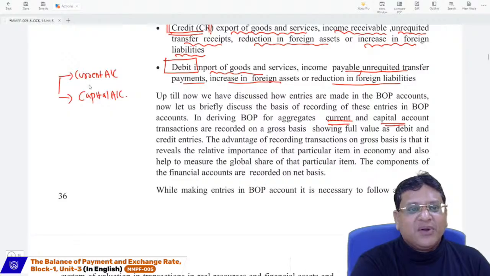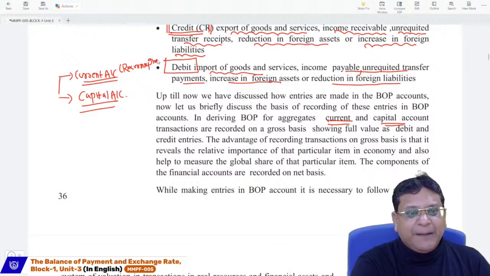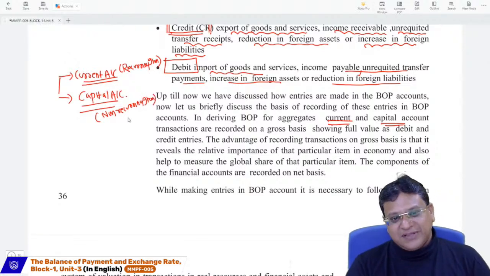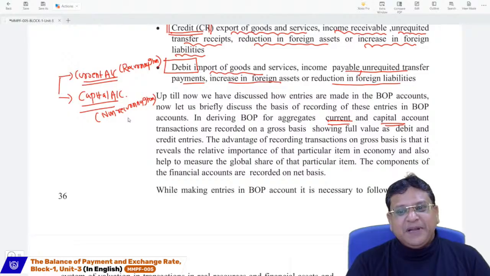We will discuss. Current accounts are the accounts of recurring items, and capital accounts are the transactions of non-recurring items. We will discuss, in current account, what are the things to be recorded, and in capital account, what are the things to be recorded.